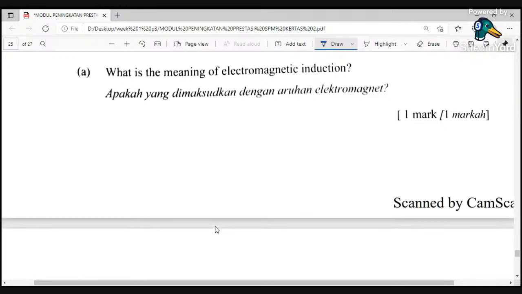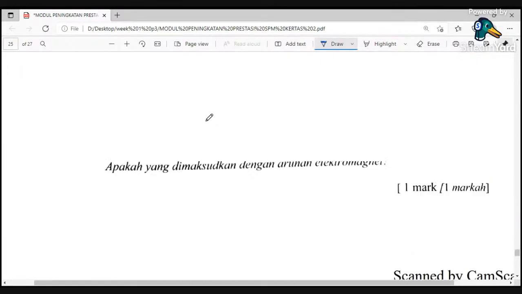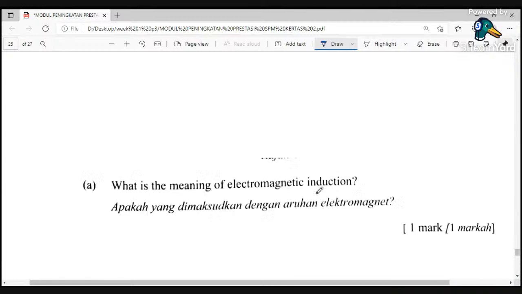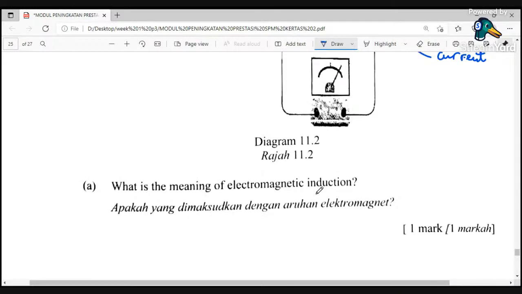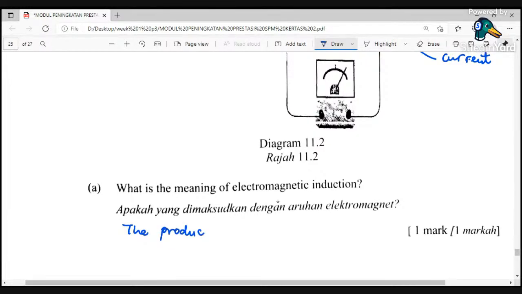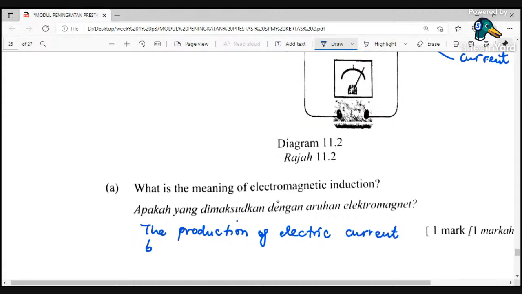Ini tajuk induction sebab tak ada power supply. What is the meaning of electromagnetic induction? Okay, you can write the production of current or induced voltage. Production of electric current by changing in magnetic field atau magnetic flux.